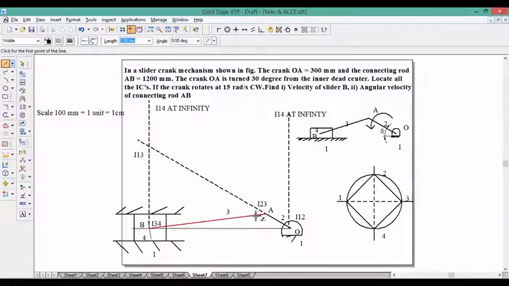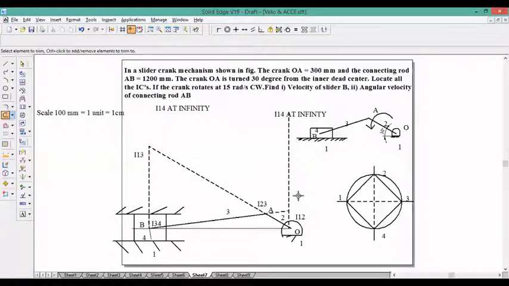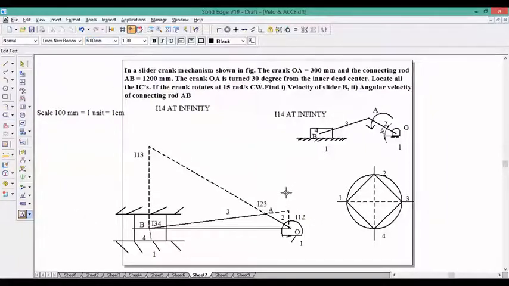So just produce that line till it touches the I14 line. For my convenience, I will delete this extra position line. So hence this will be I24.